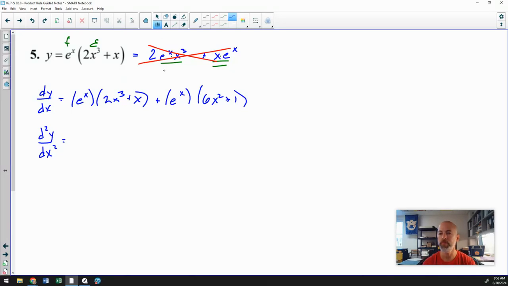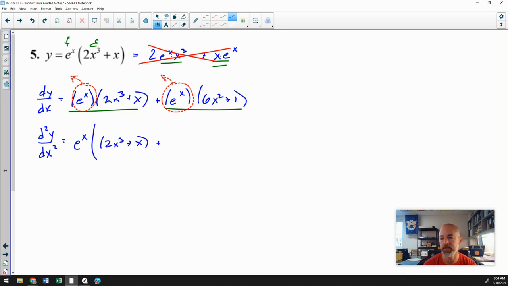We can make this a little bit easier, not by distributing, not by expanding, but we have two terms here. I have this product plus this product, and they have an e to the x in common. I can factor out that e to the x, and when I do, I'll have e to the x times 2x cubed plus x plus 6x squared plus 1.